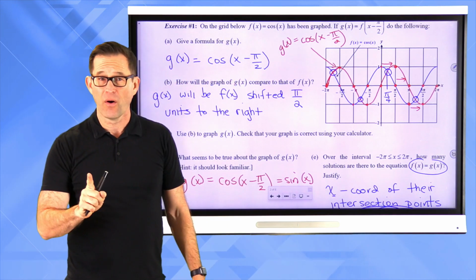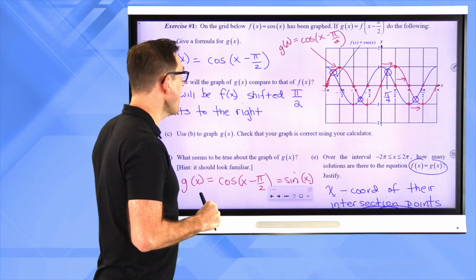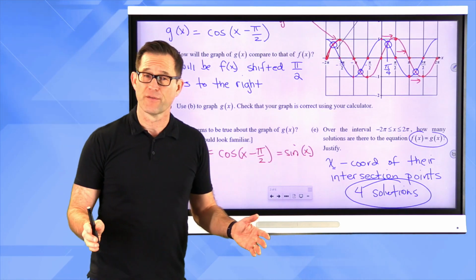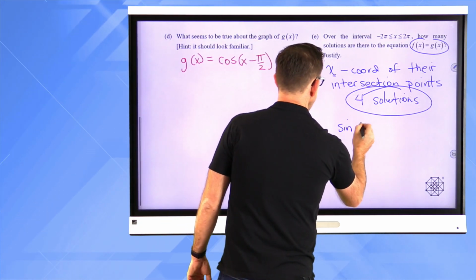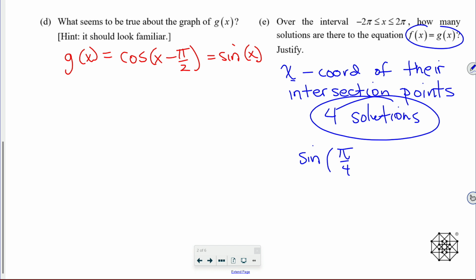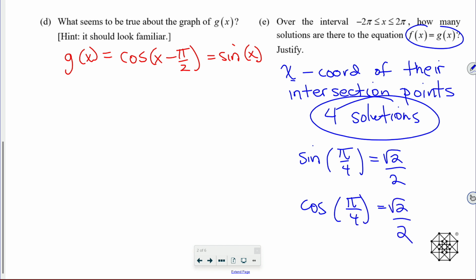And if you recall, one of the beautiful things about the angle pi over 4, which is equivalent to 45 degrees in the degree system, is that the sine of pi over 4 is root 2 over 2, and the cosine of pi over 4 is also root 2 over 2.